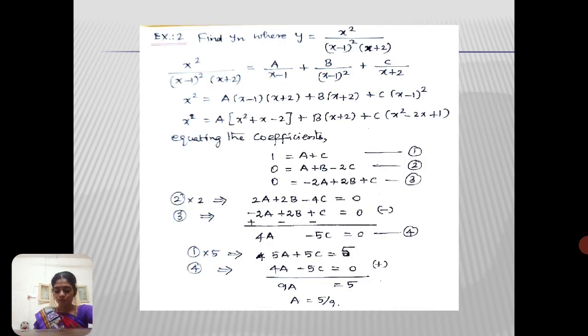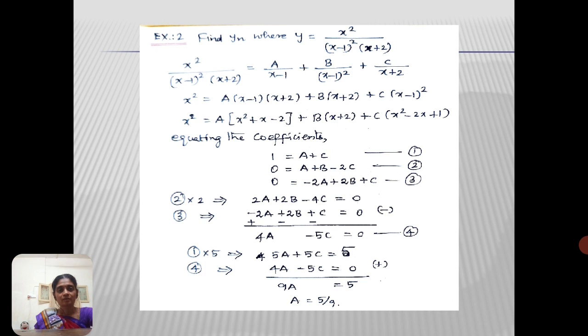Next, example 2. Find yn where y equals x square by x minus 1 whole square into x plus 2. Here also we have to make use of partial fractions. So the given expression can be written as a by x minus 1 plus b by x minus 1 whole square plus c by x plus 2.